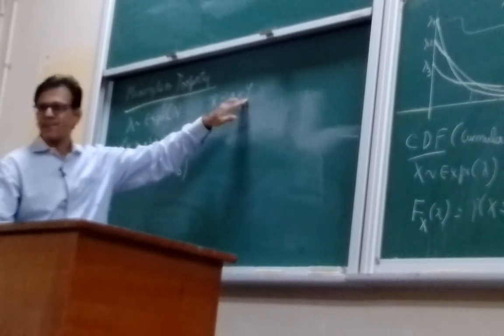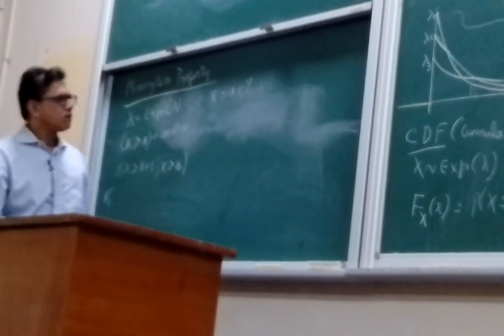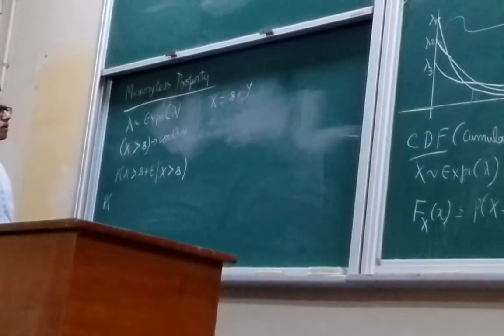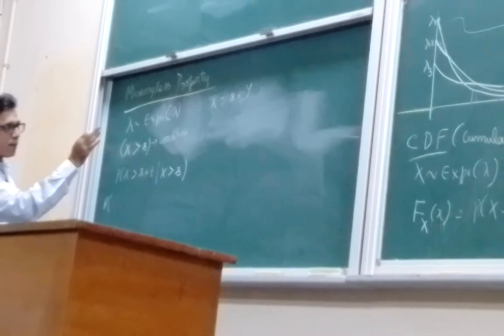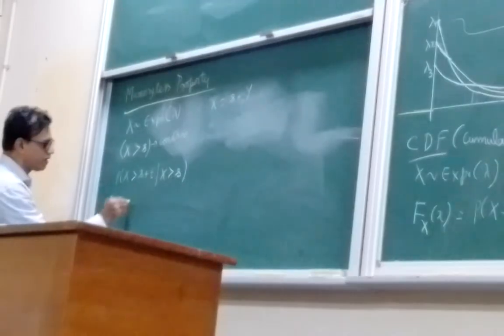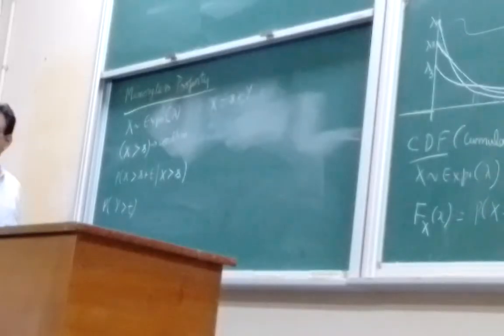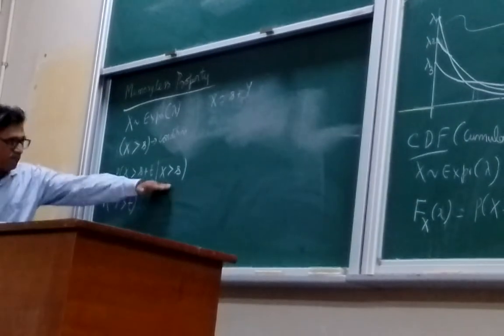So you want to characterize this Y. Well, this is the same as the remaining lifetime greater than t. Both are one and the same. This statement again is given this condition.